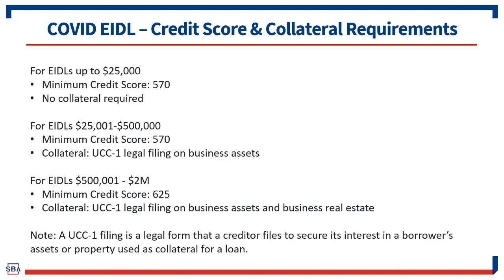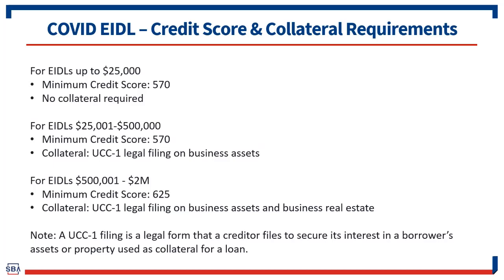On collateral, we don't necessarily take collateral, but there is a UCC1 legal filing on business assets. This is a one-time $100 fee that the creditor, in this case the SBA, uses to file an interest on the business assets for your business.